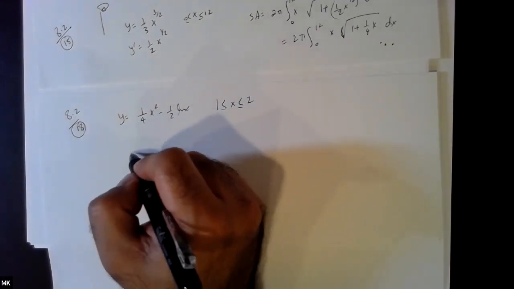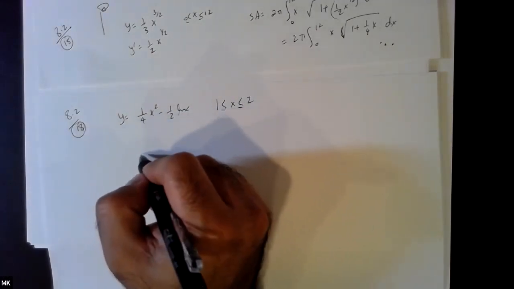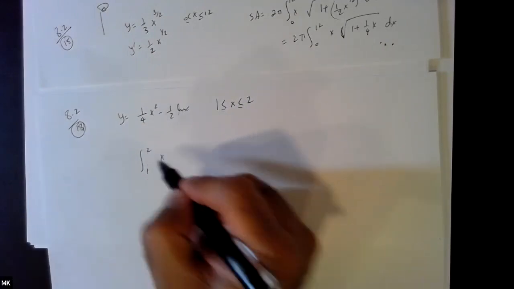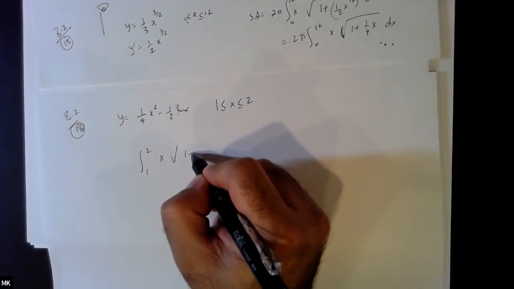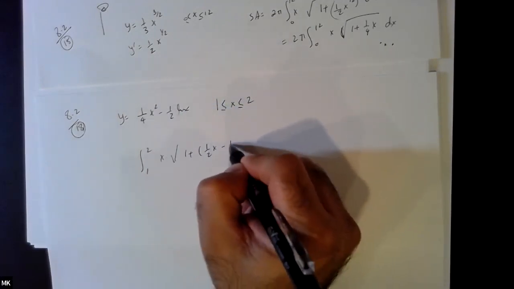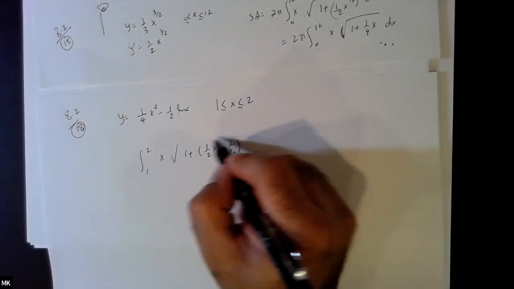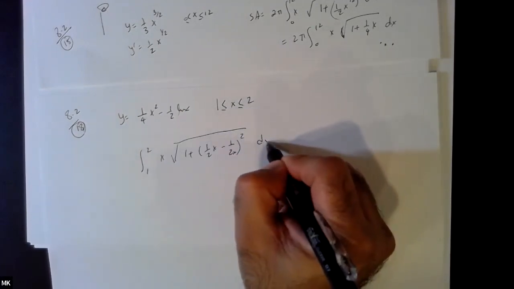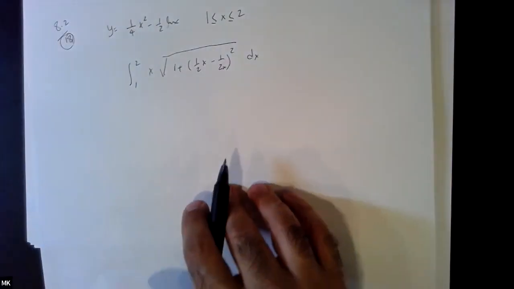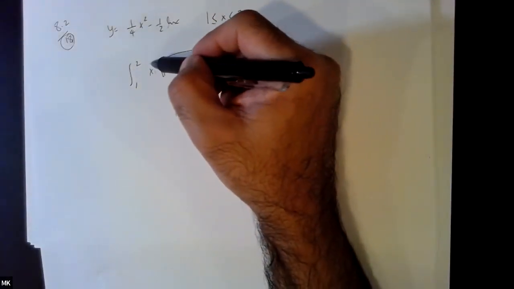Then again, because it's rotated about the y-axis, it's going to be x times square root of 1 plus the derivative of this, 1/2 x minus 1/2x. I think now you guys recognize what I'm talking about, if you watched the last lecture, last video. Again, rotation tells me it's x.